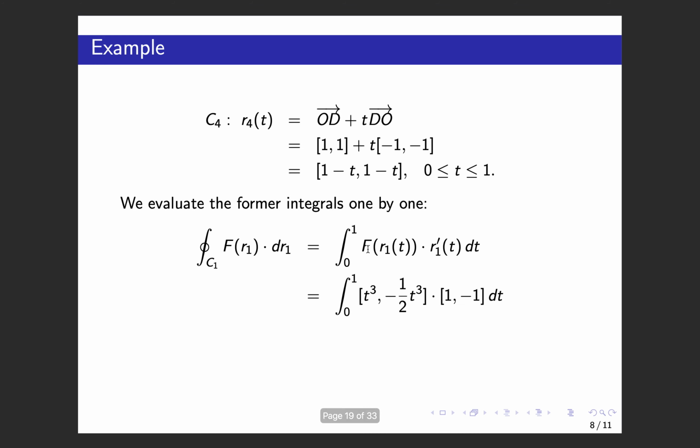Then we evaluate f of r1, which is t cubed, minus one half t cubed, dot product with r1 prime of t, which is 1, minus 1, times dt. We multiply the components and add them up, we get 3 over 2 t cubed, and then we integrate to get 3 over 8.